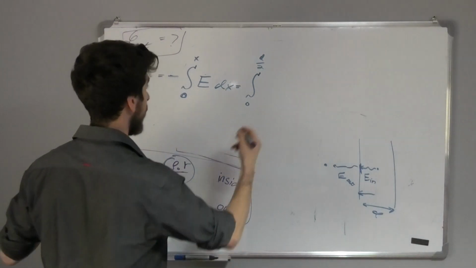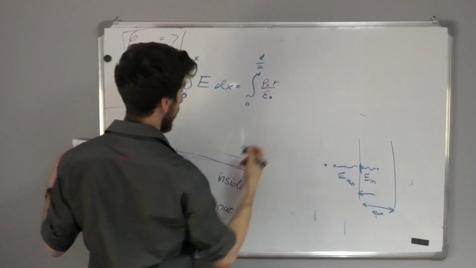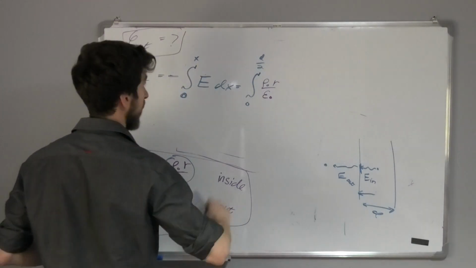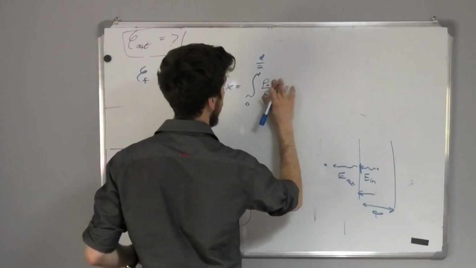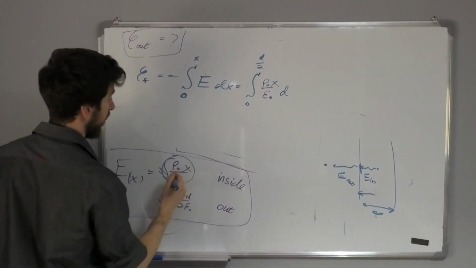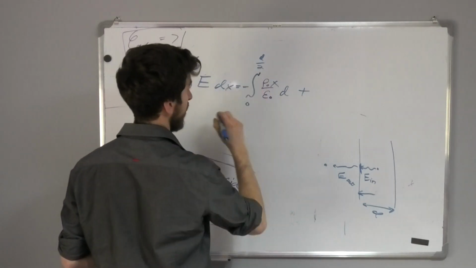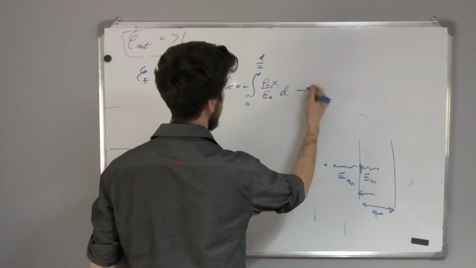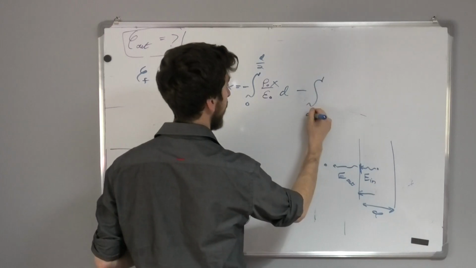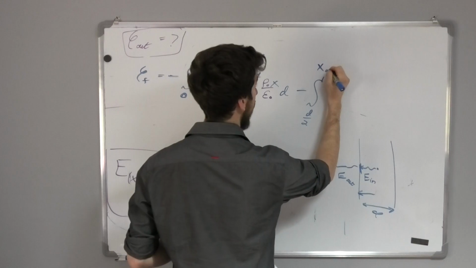So this is rho 0 x divided by epsilon 0, not Al, x, and here also x, sorry about that. The x plus, and here I have a minus. From d over 2 until the specific location, some out location.